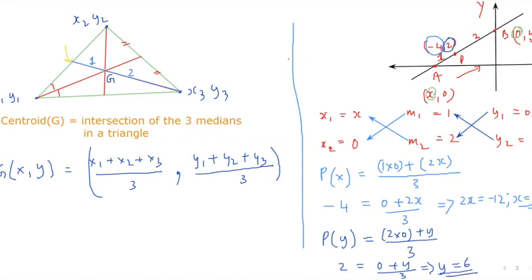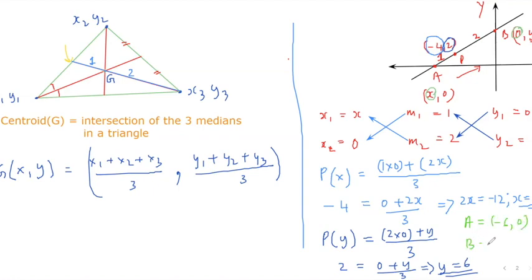Okay. So the answer to this question, what they want is the coordinates of A and B. Okay, so let's write those coordinates down. So A's coordinates are x comma 0, which is minus 6 comma 0.